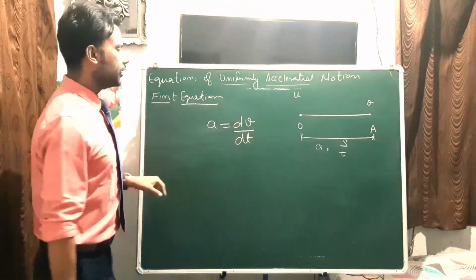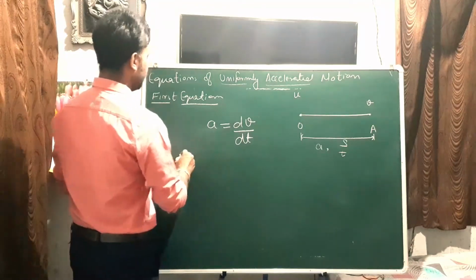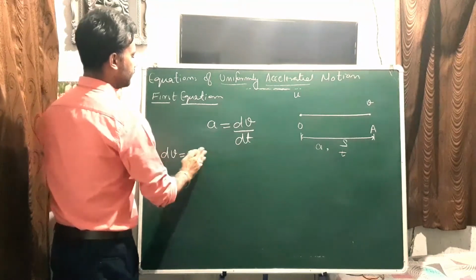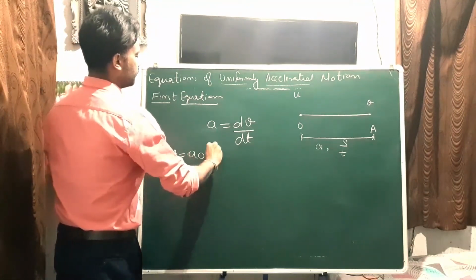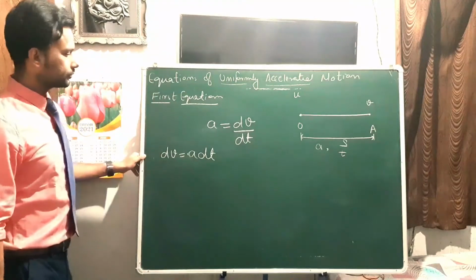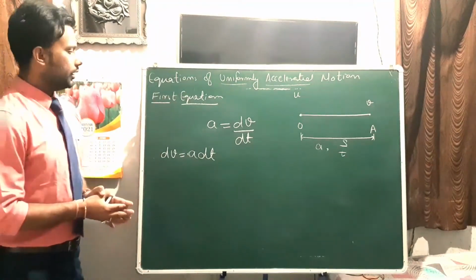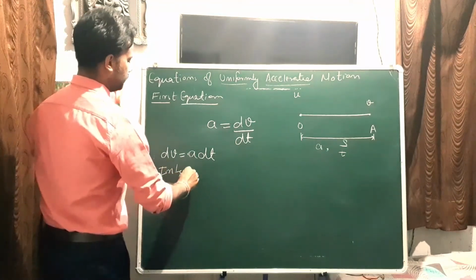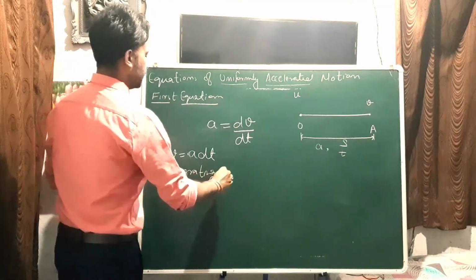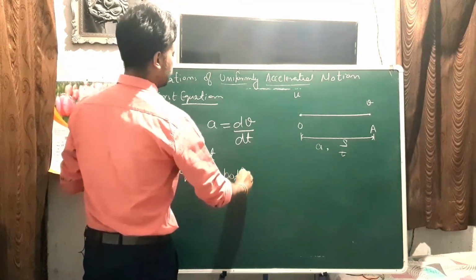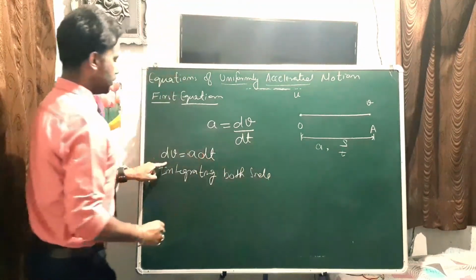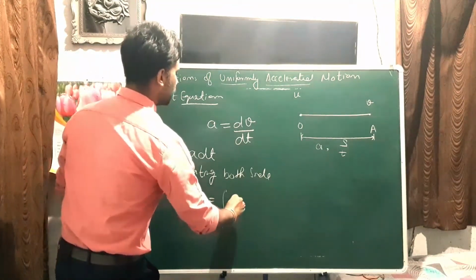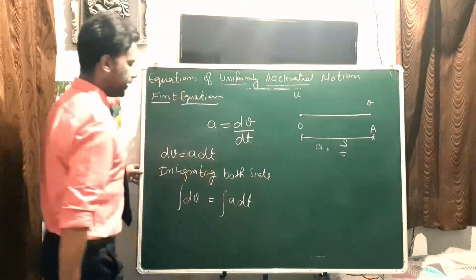This equation can be written as dv equals a dt. We just cross multiplied this. Integrating both sides, this will become integration of dv equals integration of a dt.